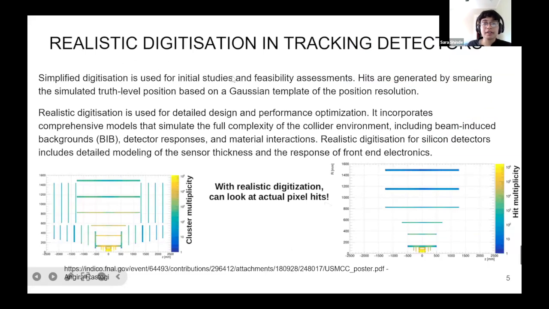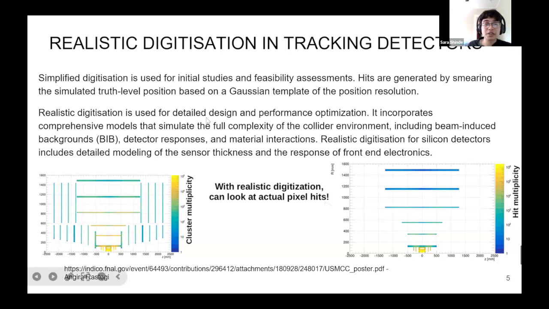So we performed realistic digitization and simple digitization for the tracking detectors. Simplified digitization is used for initial studies and feasibility assessments. Hits are generated by smearing the simulated truth level positions based on a Gaussian template of the position resolution.